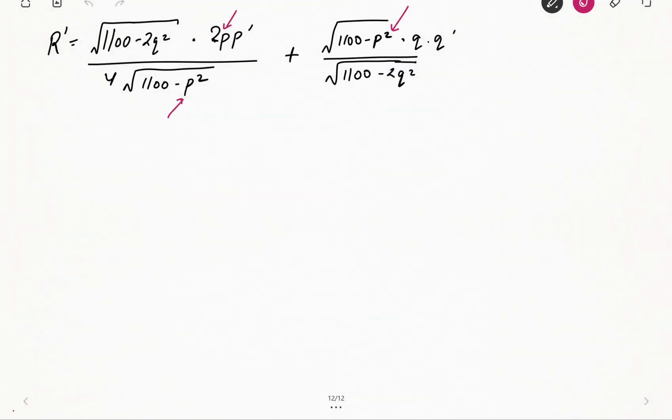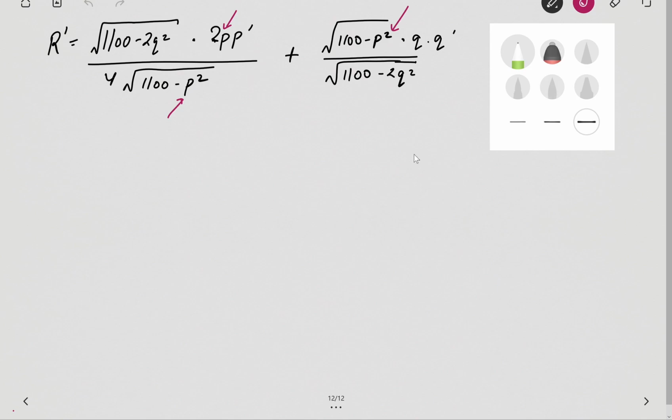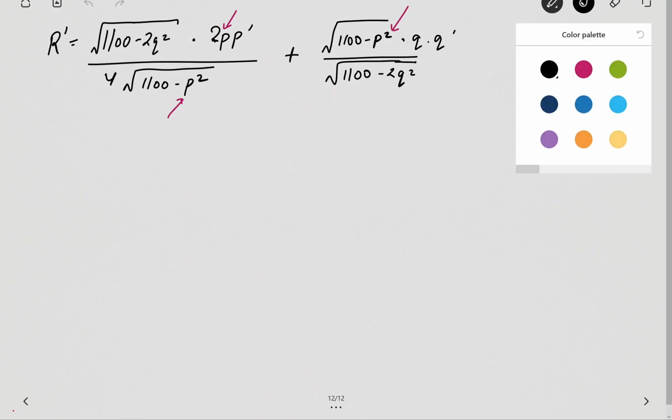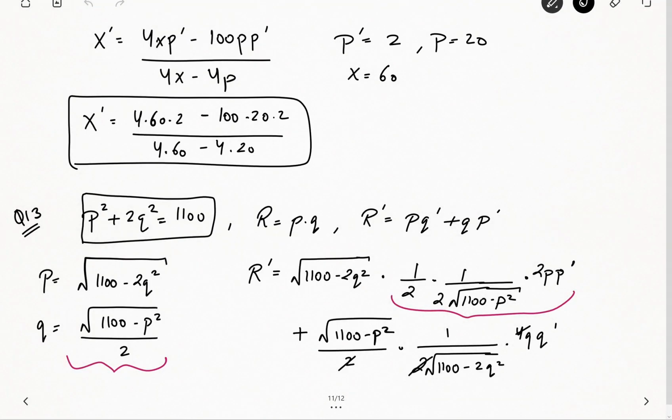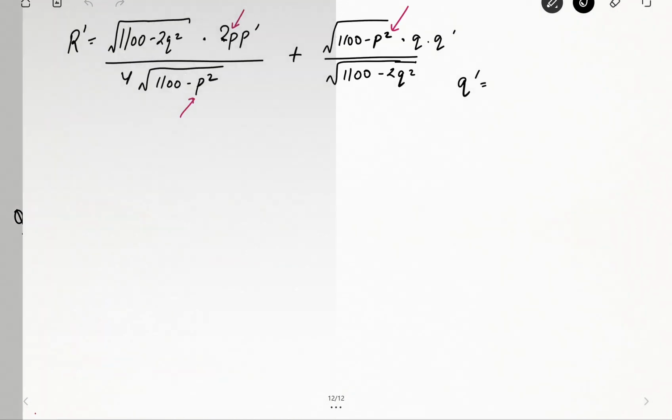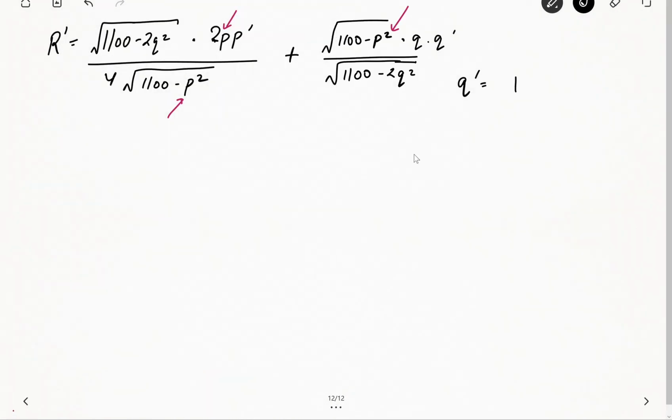So what we'll have over there for q prime, q prime is nothing but 1/2 p prime all divided by 2 times square root of 1100 minus p squared. So you can plug it in.